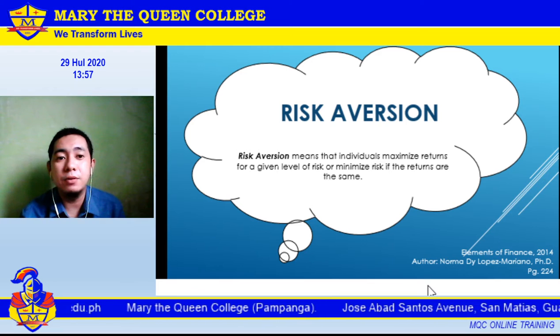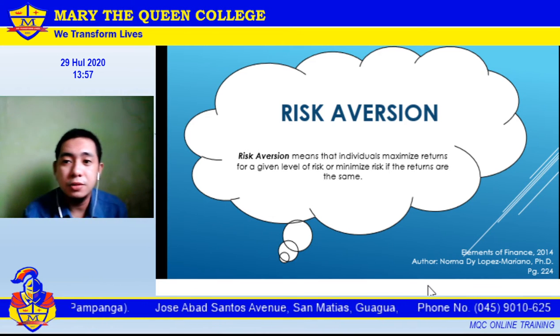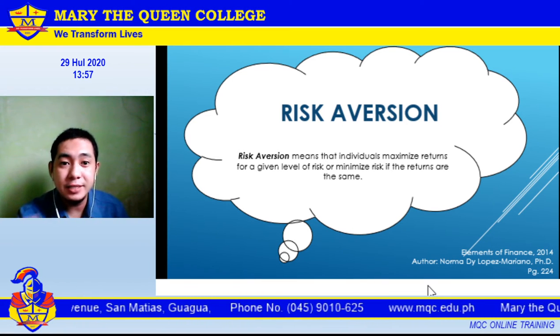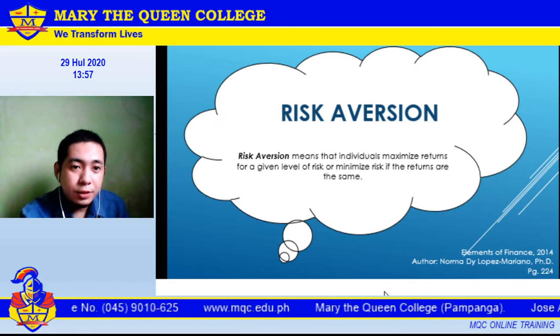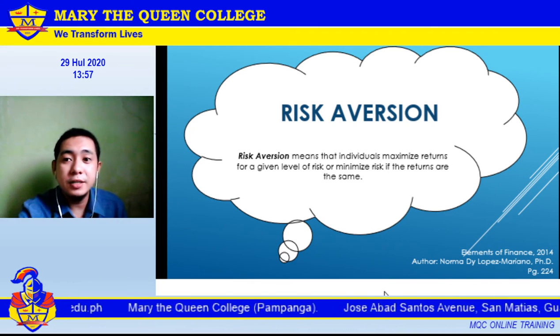It's one of the roles of financial managers to control that, so you can maximize yung pwede niyang kitain out of that risk. Kumbaga susugal ka na rin lang, get the most out of it. That's the meaning of risk aversion.